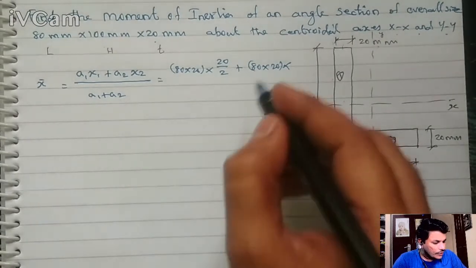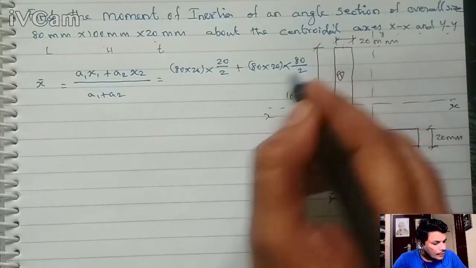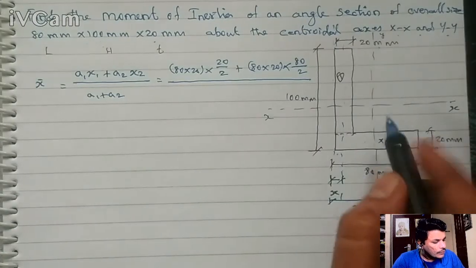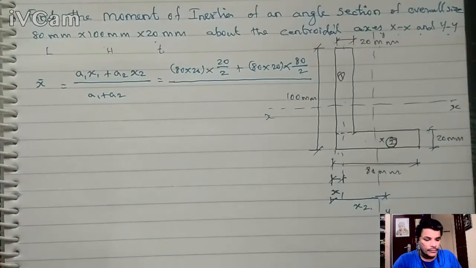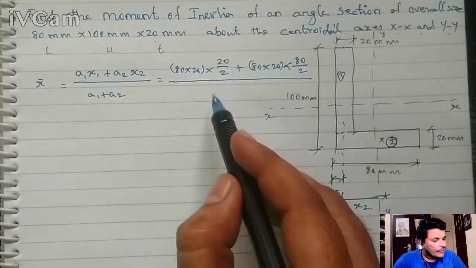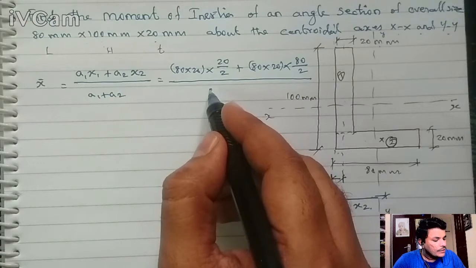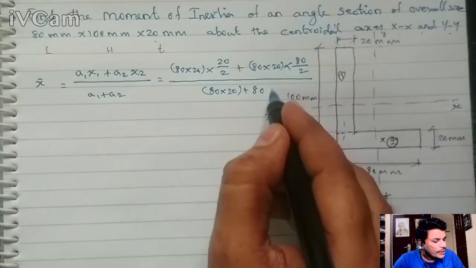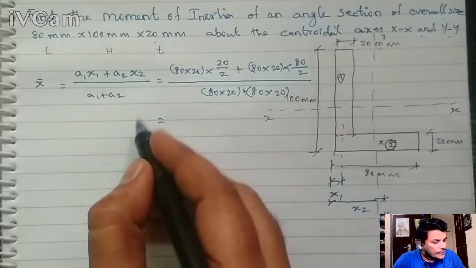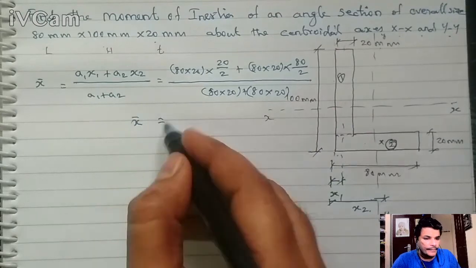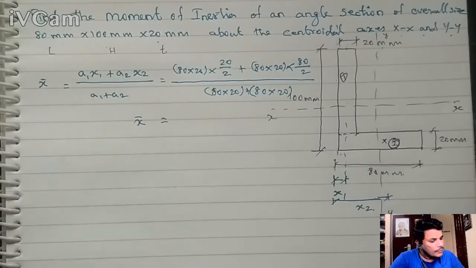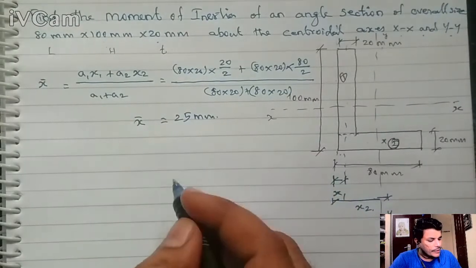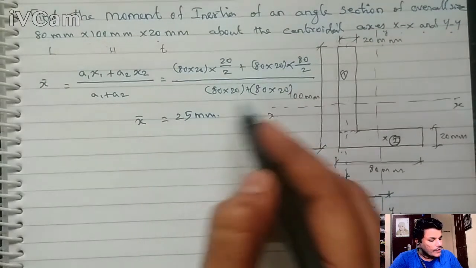So x bar equals the sum divided by the total area A1 plus A2, that is 80 by 20 plus 80 by 20. So the x bar value is 25 mm. I have calculated the value of x bar as 25 mm.